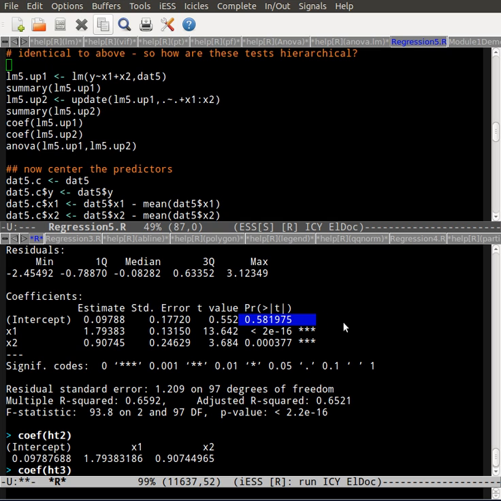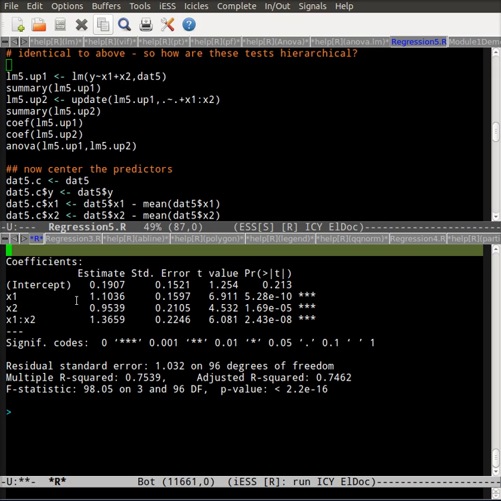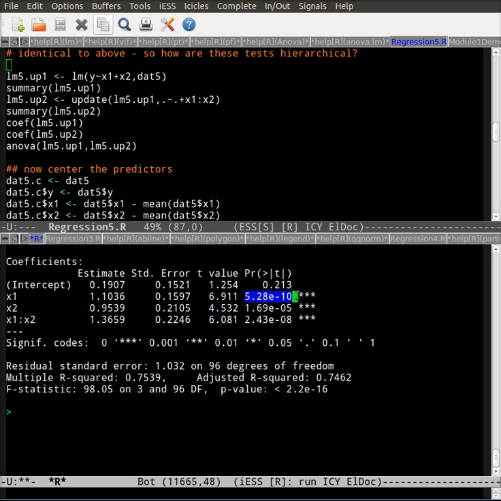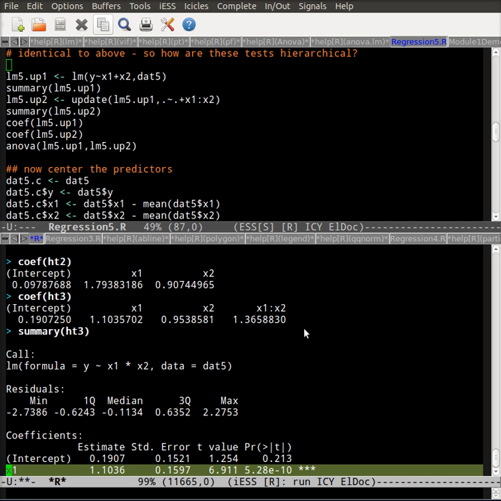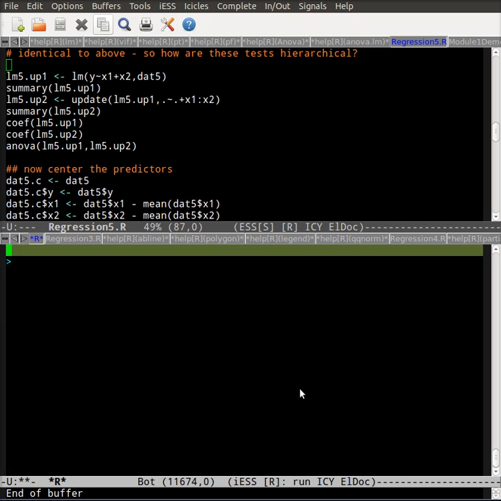So the p-value differs for the intercept. We already know that the coefficients differ between the two models for the intercept, as well as for the coefficients of the main effects. So the main effect coefficients change, but the p-values also change. The p-value for x1 in the full model is 5.28 times 10 to the minus 10th, and in this case it's 2 times 10 to the minus 16th. So our p-values and our parameters change when we include the interaction term.